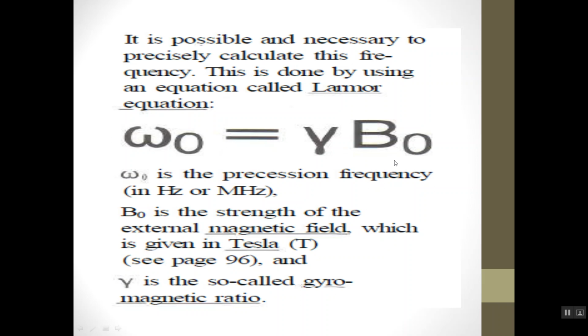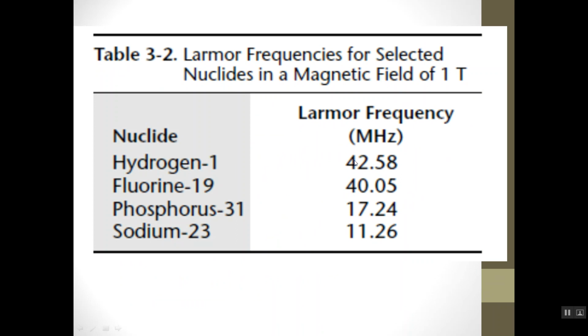When applying a 1 Tesla machine, the angular frequency is around 42 megahertz. When applying 1 Tesla, 42 megahertz. But with fluorine, the Larmor frequency will be 40 megahertz, and for phosphorus 17, and sodium, according to the sensitivity.